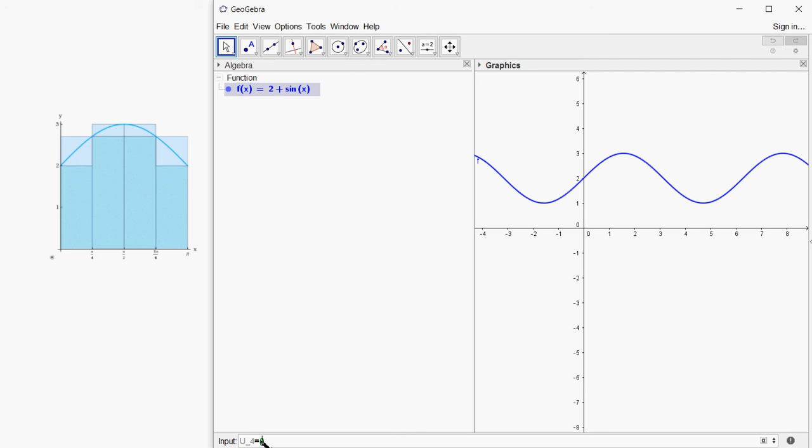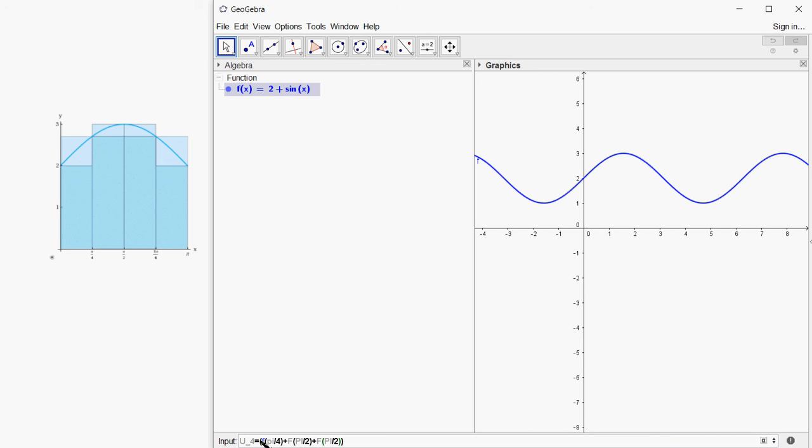What we need to do is, for the first rectangle, plug in pi over 4 because it's higher there. For the second rectangle, we're going to use pi over 2. For the third rectangle, it's pi over 2 again.